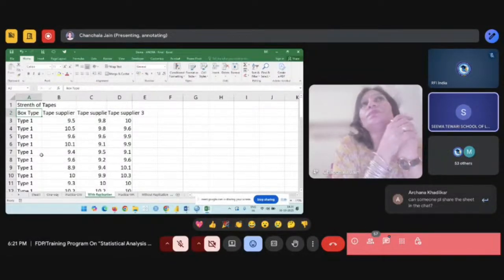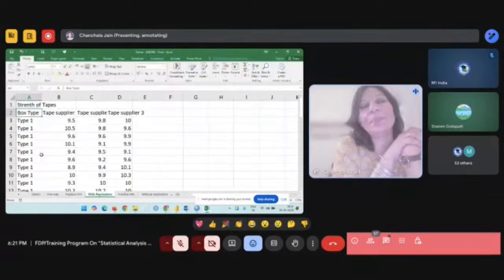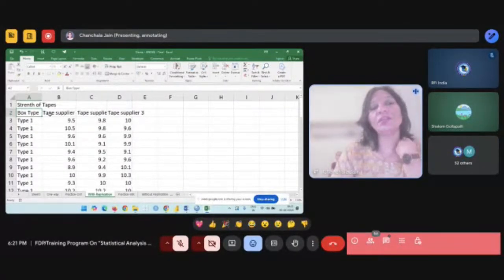Very good. Now I am having 3 variables: 2 categorical, box type and supplier type, and one is the strength of the tapes. In the combination you can see supplier 1, type 1. It means from supplier 1 I received 2 boxes, type 1 and type 2.